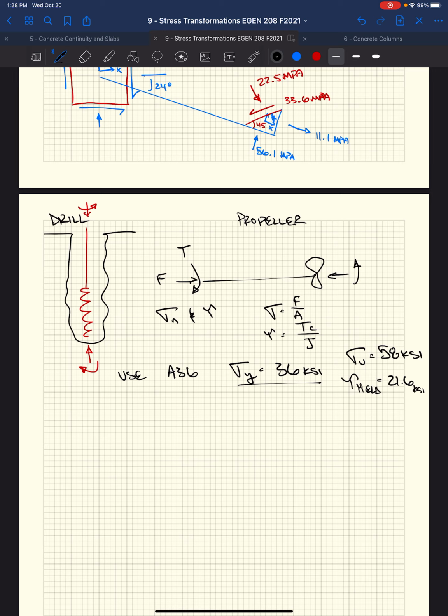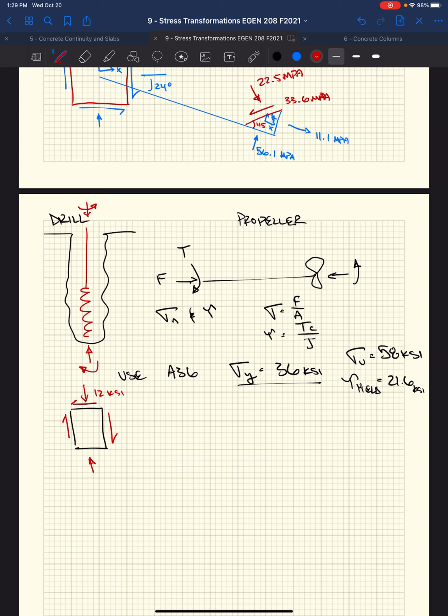So if we go through and we determine that we have a stress block, we looked at our drill stem or our propeller shaft, and we determined that we had a compressive stress, due to either the working in the fluid or drilling a hole in the earth. We had a compressive stress of 12 KSI acting on these shafts.